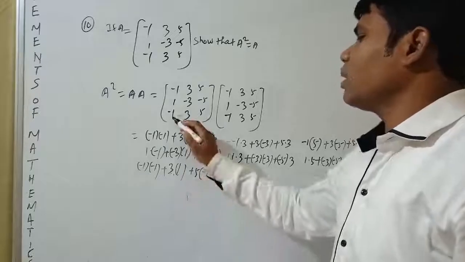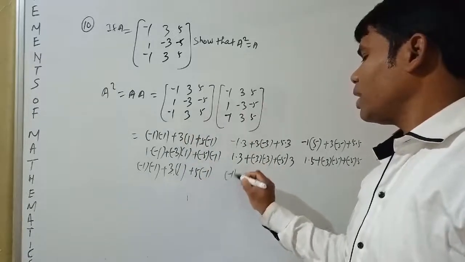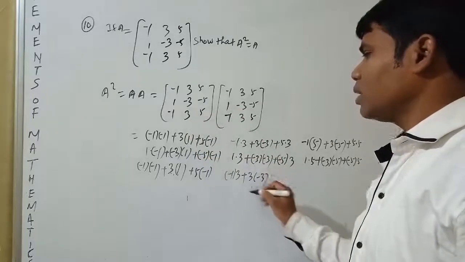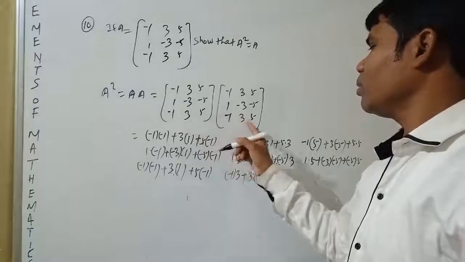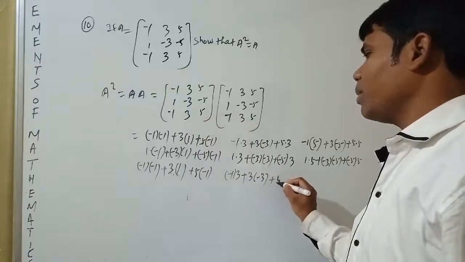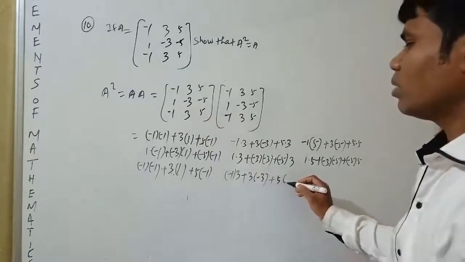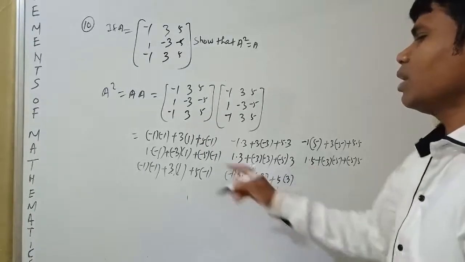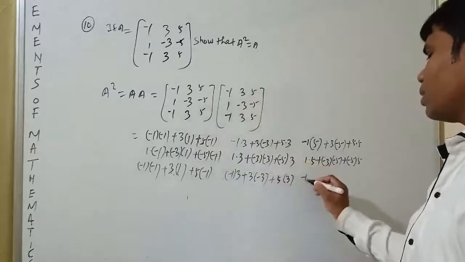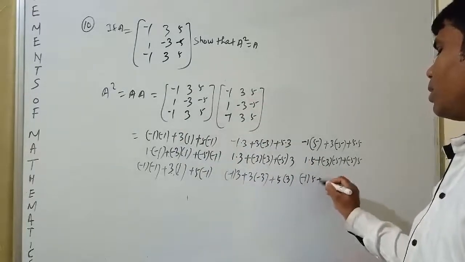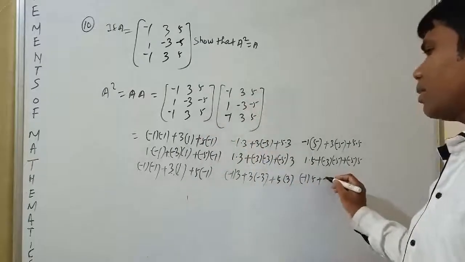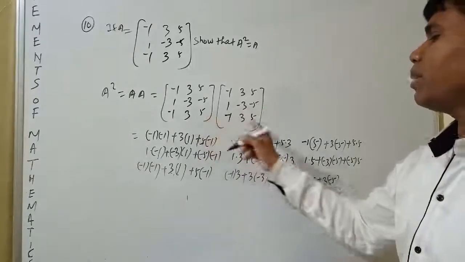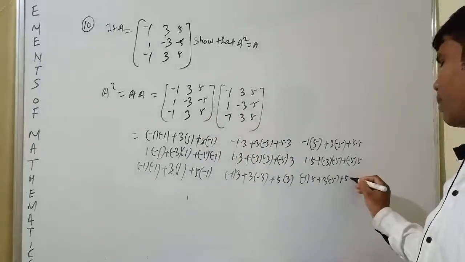Okay, next -1 into 3 plus 3 into -3 plus 5 into 3. Okay, then -1 into 5 plus 3 into -5 plus 5 into 5.